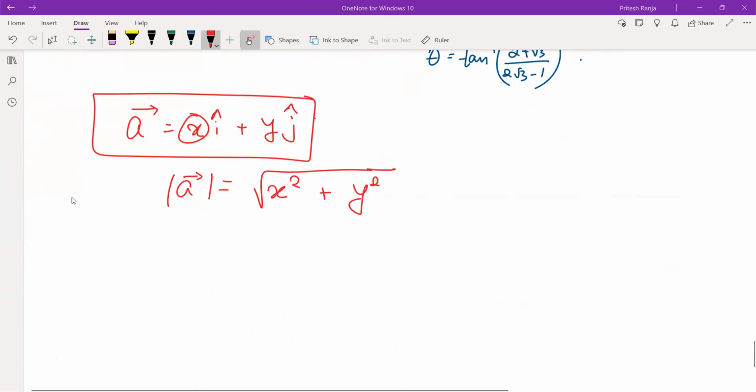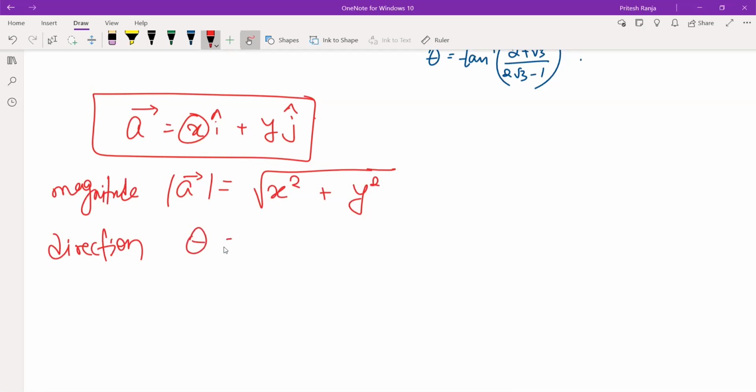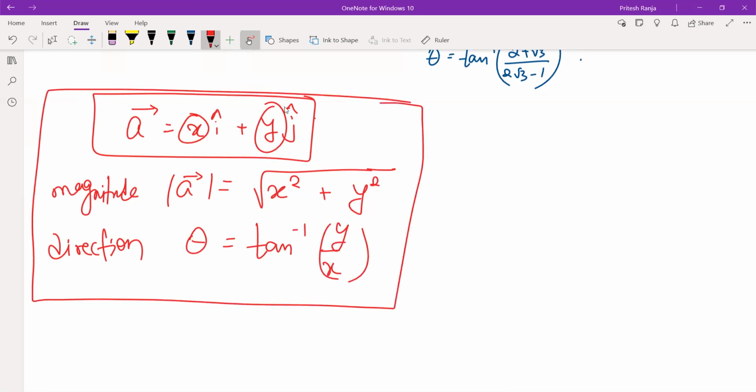This was the magnitude. Similarly, for direction, to get the angle, how did we find the angle? Tan inverse y by x. So these two things have to be remembered first before trying to understand anything about vectors.